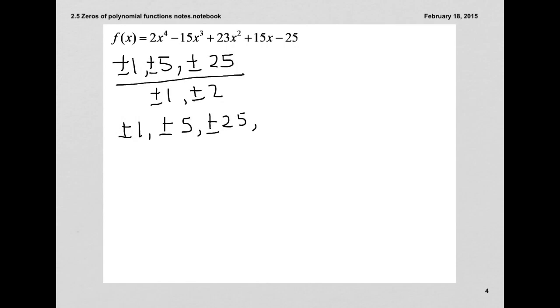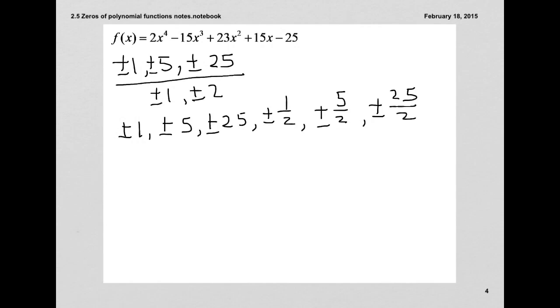Now I go back and divide through by the 2, and that's plus or minus 1/2, plus or minus 5/2, and plus or minus 25/2. Those are all my possible roots.